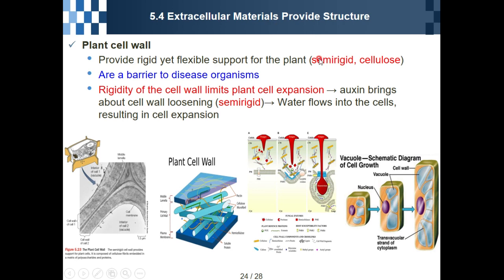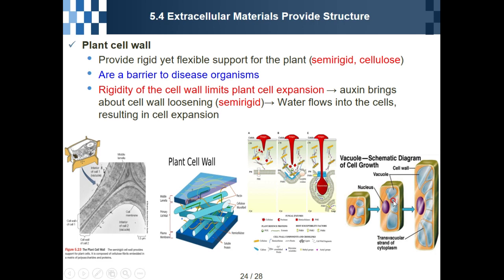Also, they are semi-rigid. The rigidity of cell walls limits cell expansion. However, because they are semi-rigid, for example when oxygen is brought to the cell wall, the cell wall becomes loose.